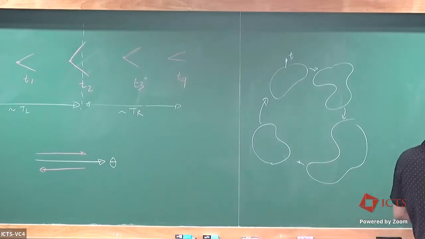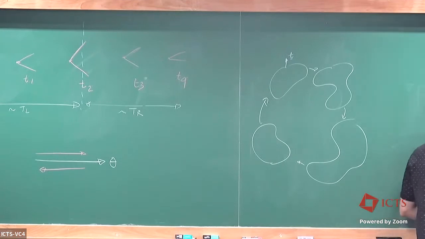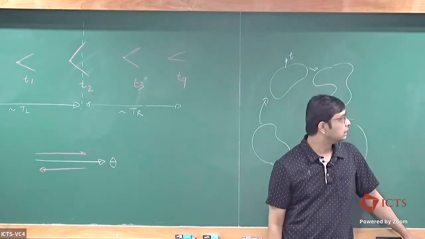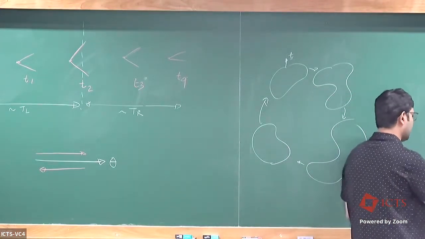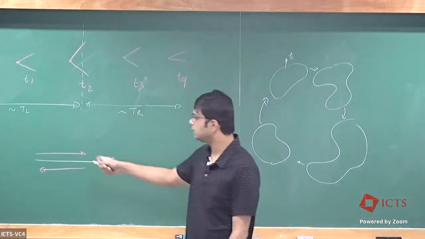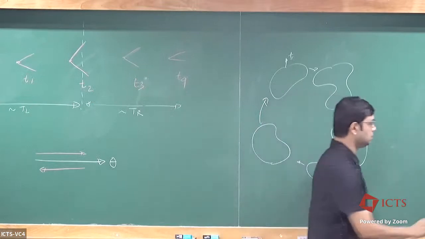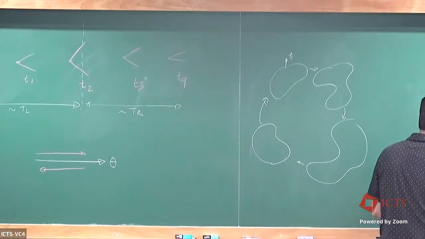But this is a total derivative. Right? So now if I compute what is the average fluid velocity, if I integrate over one complete period, that means you go from this shape and you come back to this shape, right? So we integrate between this.